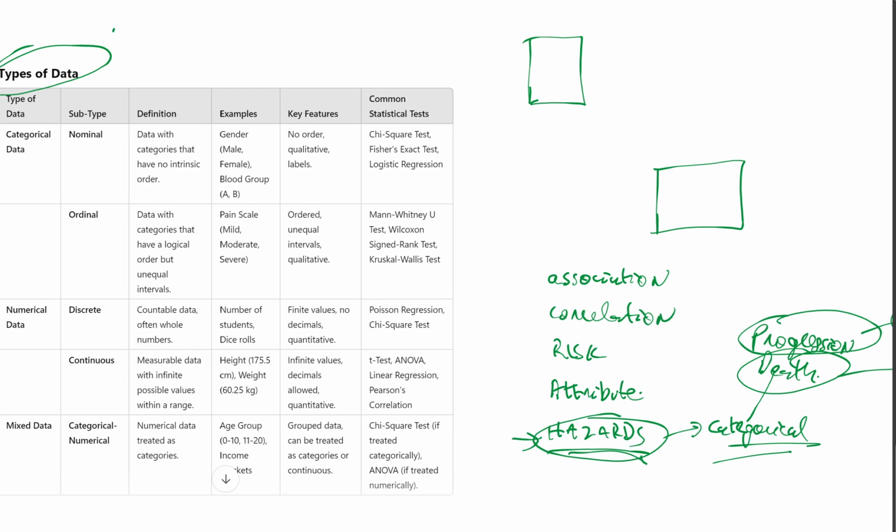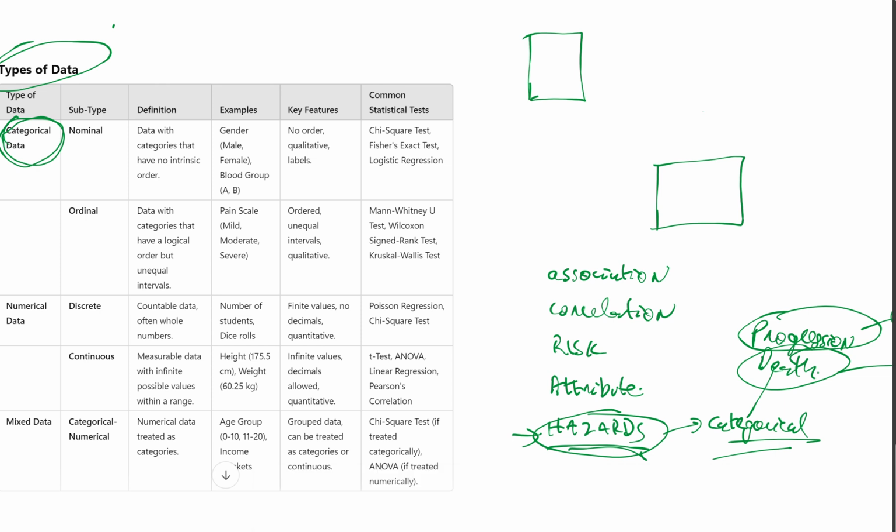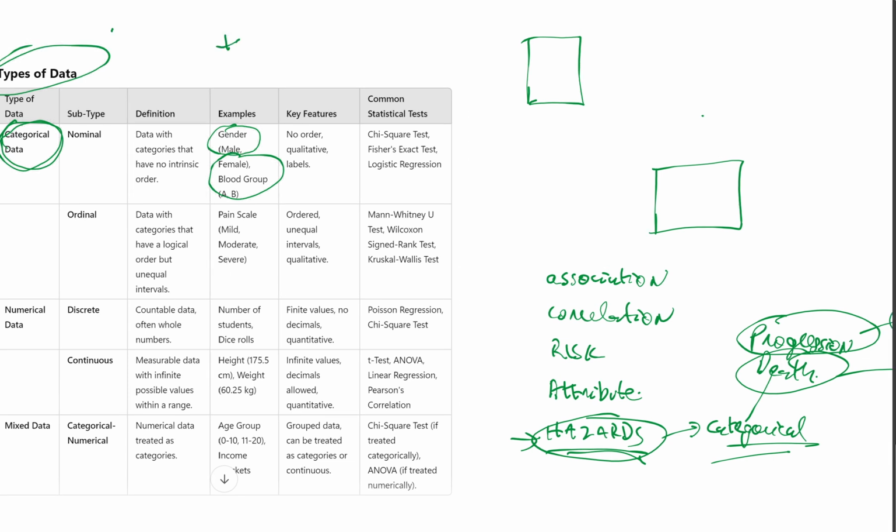Usually, if you have categorical data, a category would be, for example, male, female, blood group, chemotherapy yes, chemotherapy no. But if you look at dose of chemotherapy on a numerical scale, that would be numerical data.